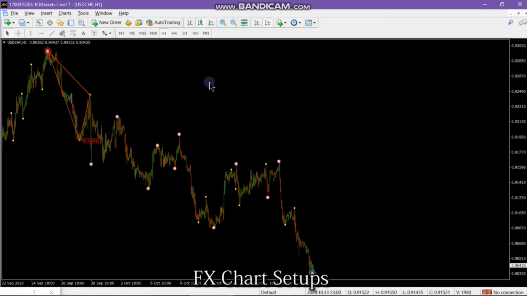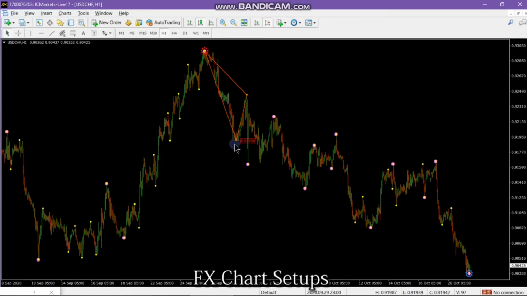Once price breaks this neckline area, whatever that price is, I think it's 0.91306. Yeah, once price breaks that level, then this is a confirmed double top pattern based on the rules that this algorithm is looking for.